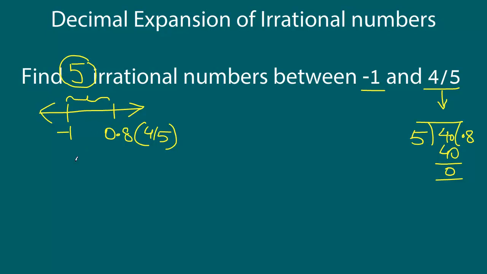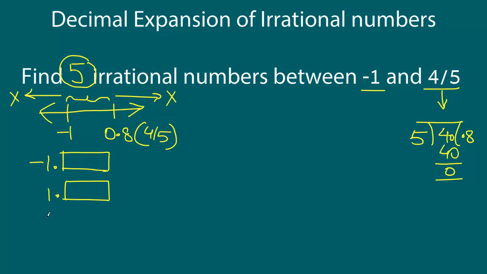Again, we cannot write something like minus 1 point something, because that would come in this area, which is not allowed. Similarly, can we write 1 point something? Clearly not, because if 0.8 is here, 1 will be somewhere over here, and anything here is not allowed.